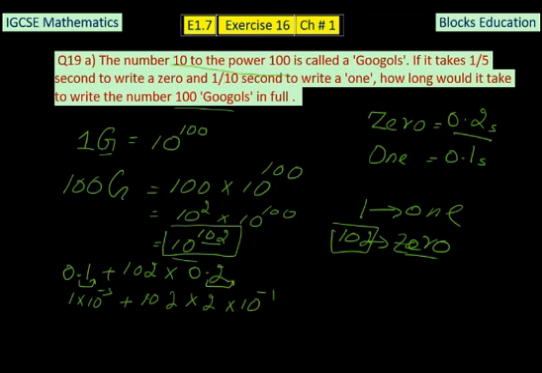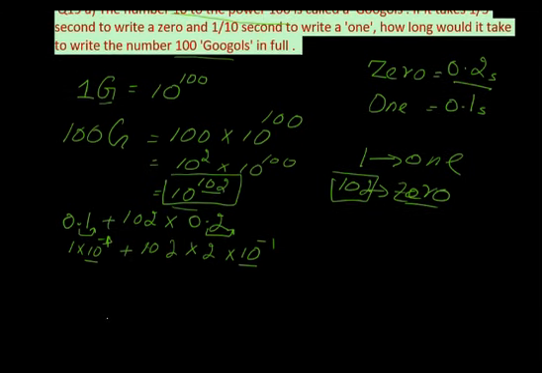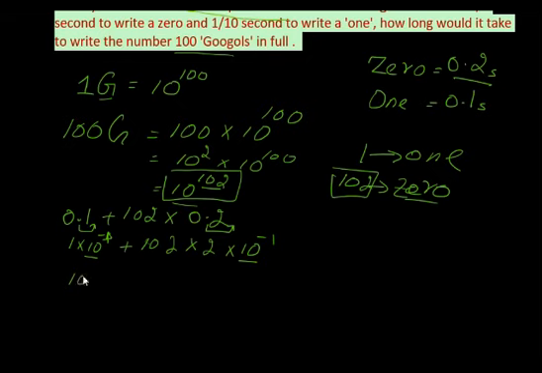Now see that we have 10 raised to power minus 1 and 10 raised to power minus 1, so you can take these two common. So 10 raised to power minus 1 is common, and inside will be left 1 plus 102 multiplied by 2, because the 10 raised to power minus 1 is already taken out.